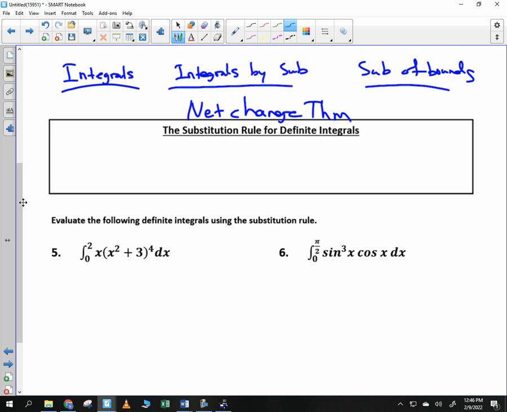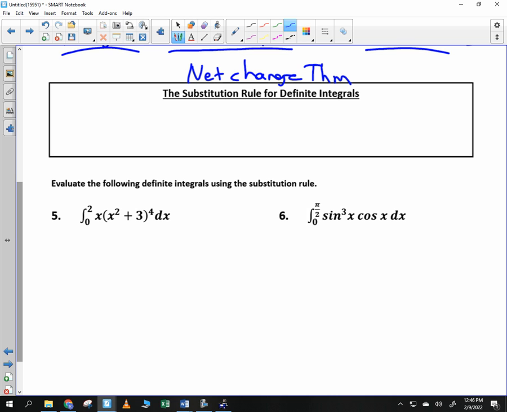And the substitution rule for definite integrals is kind of like this. This is not how the textbook would write it, but this is how I'm going to write it. So if we have the antiderivative, or the integral from a to b of f of x dx, and we know you take big F of b minus big F of a.